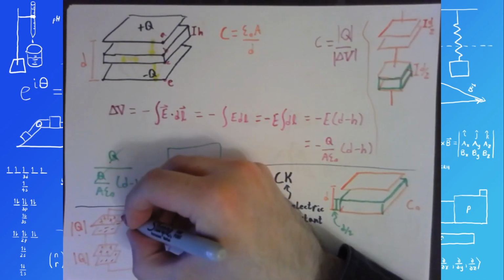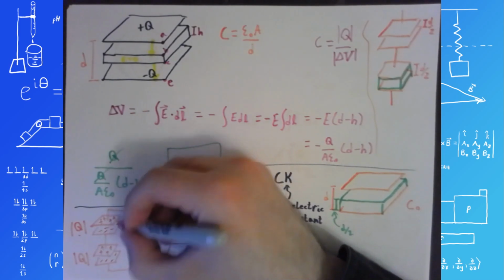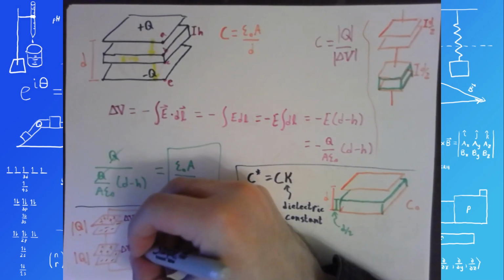So there's going to be some sort of delta V, I guess I'll call it delta V1 over here, and there's going to be a delta V2 over here.